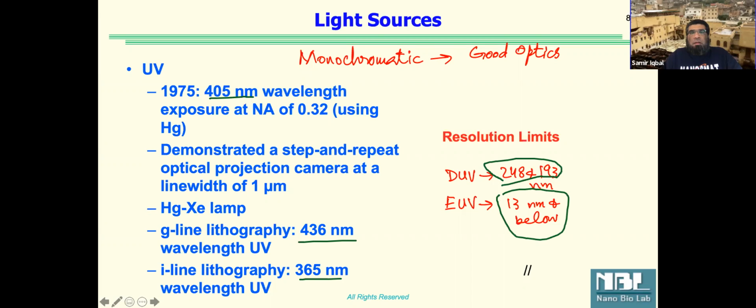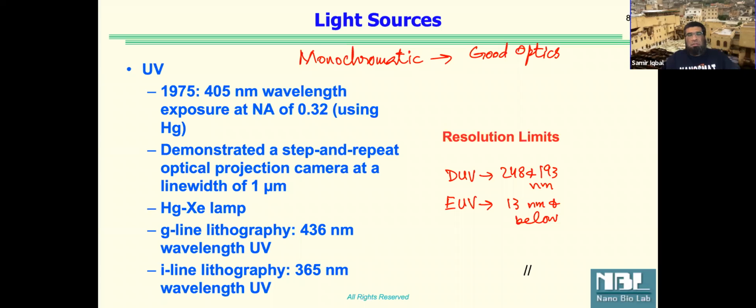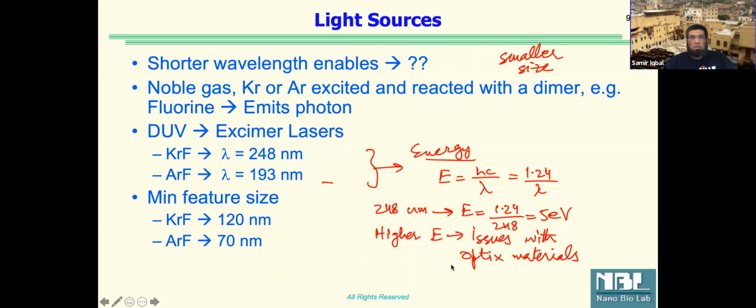But there is a problem with this whole thing, because for every light source, there is a relationship with how much energy it carries with it. And that fundamental relationship is hc over lambda. Energy can be found for a wave from this relationship, where c is the speed of light and h is a thing called Planck's constant.